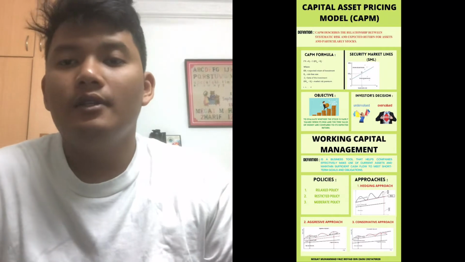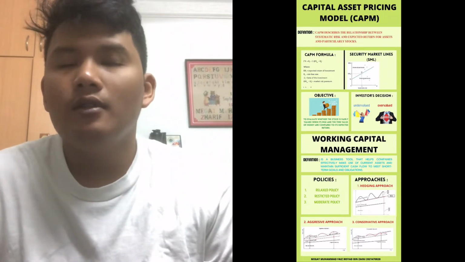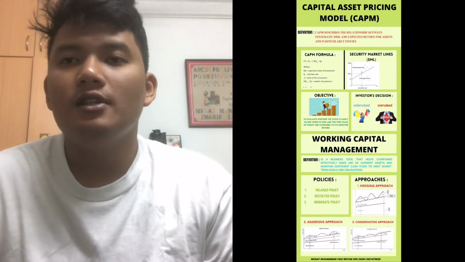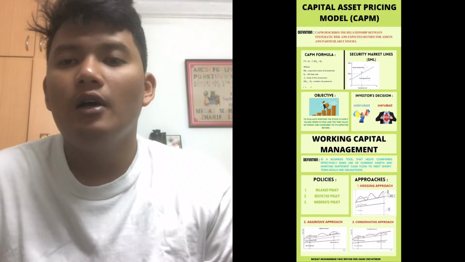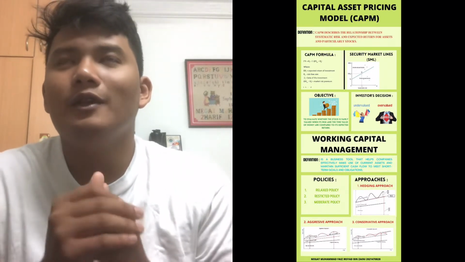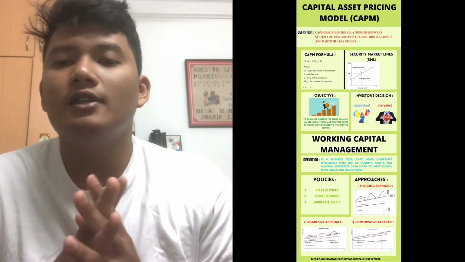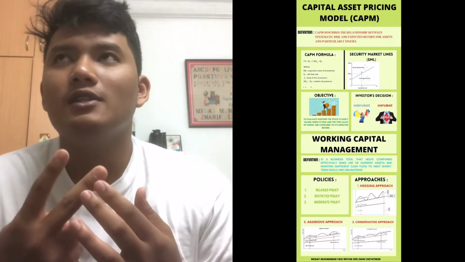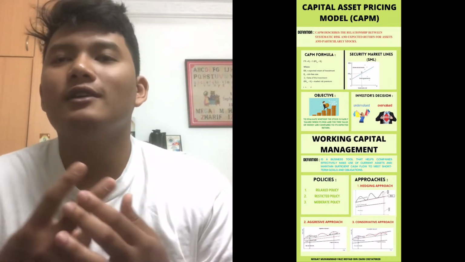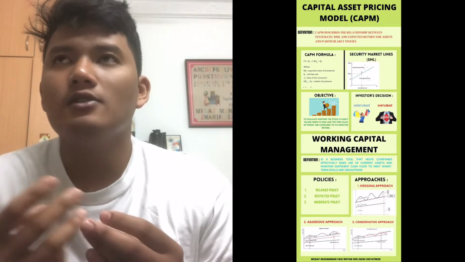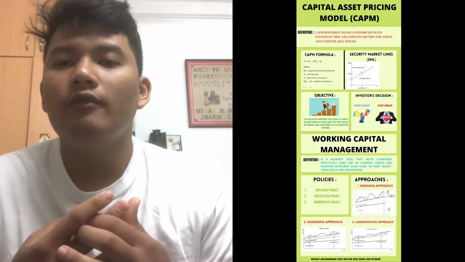The next is investor decision. Investor decision is based on the SML graph. After we are done with the CAPM and SML, it will affect investor decision, where there will be two answers: whether the stock is overvalued or undervalued.